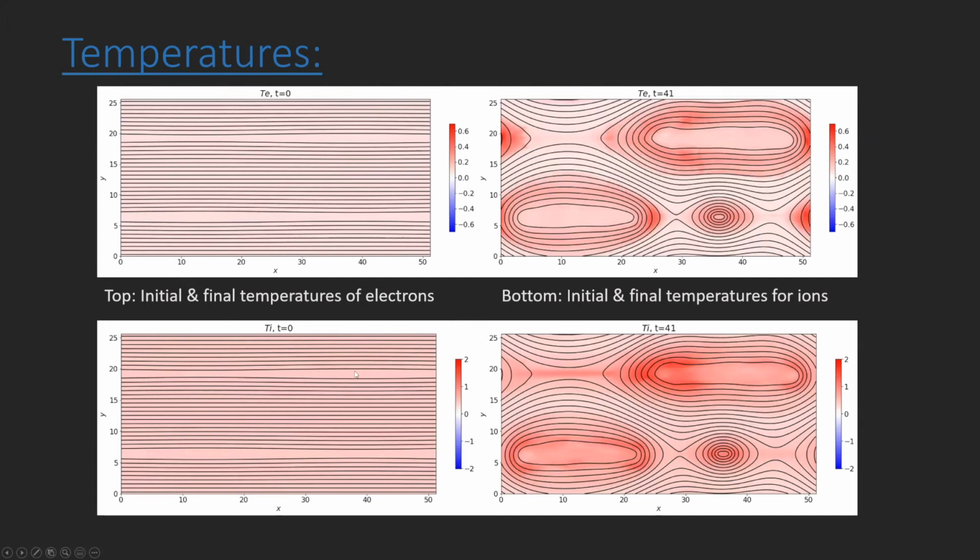And then in the bottom, they go from about 0.5 to about 2. So this shows, along with the previous velocity plots, that magnetic energy is being converted into kinetic energy in the form of both accelerating the particles and heating them as well.